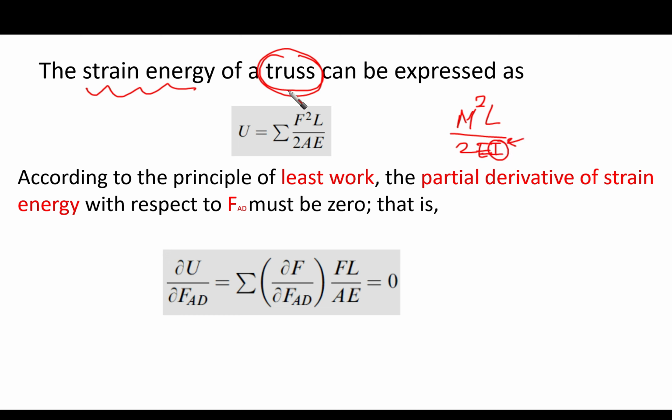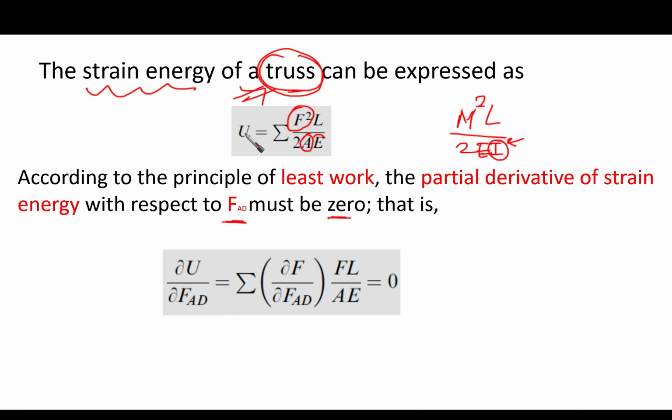Here we are dealing with trusses, so we are replacing moment with axial force, and we are replacing the inertia with the area. Remember this. We are dealing with trusses. According to the principle of least work, the partial derivative of strain energy with respect to FAD must be 0.